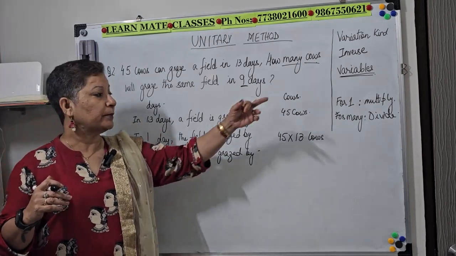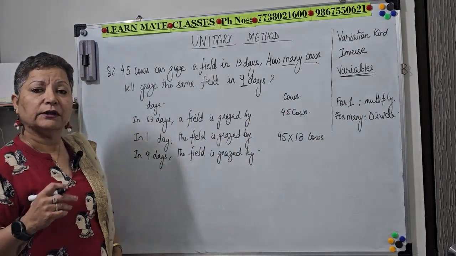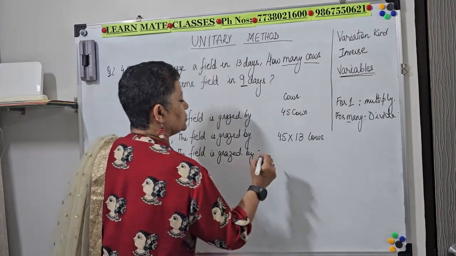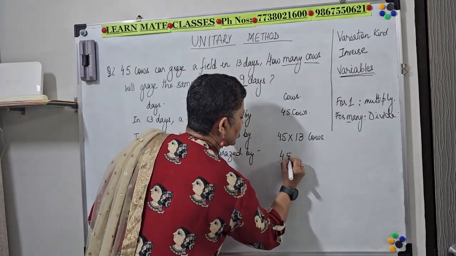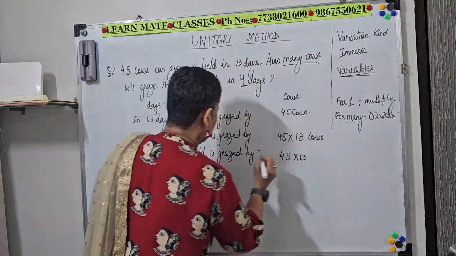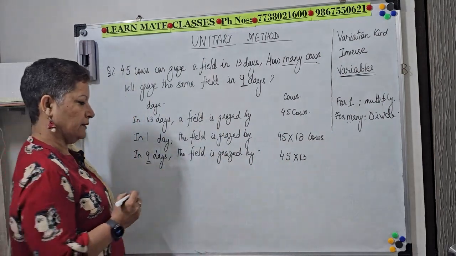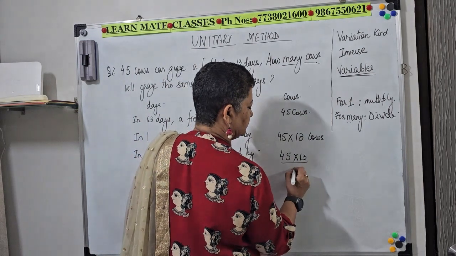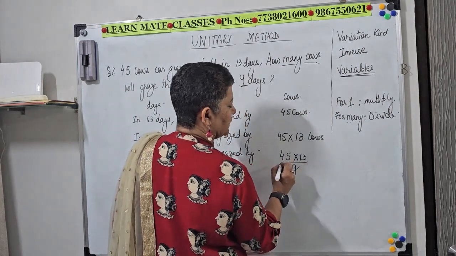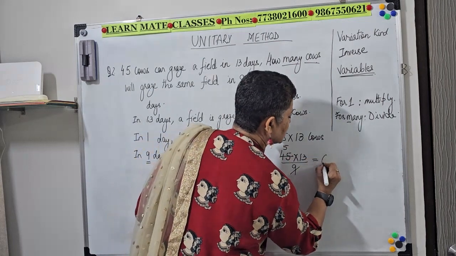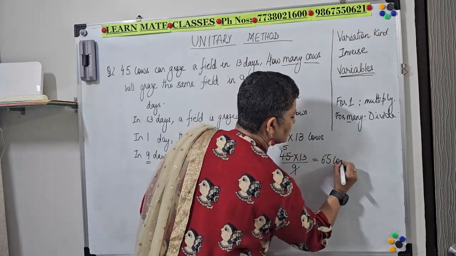When does it reduce? By multiplication or by division? By division. And we've already written that for many we need to divide. So it's going to be 45 into 13. And what was that figure by which we needed to divide? This was by 9. So I divide by 9. And what do I get? 9 fives are 45 and 5 into 13 gives me 65 cows.